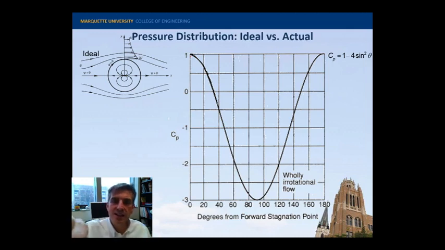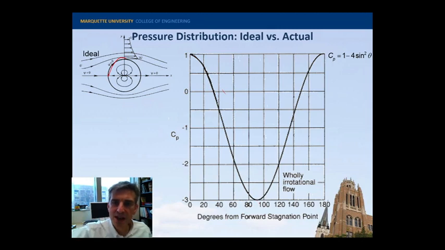And the velocity there is 0. And then as we move around the cylinder, the velocity increases, the pressure decreases, right? So the pressure drops all the way down to some minimum at 90 degrees, the maximum velocity being 2U on the cylinder. And then it recovers back.